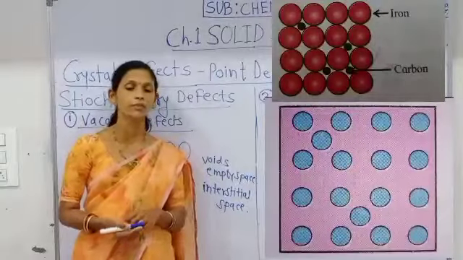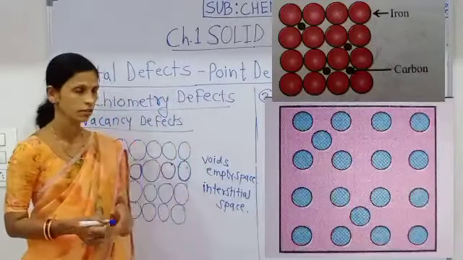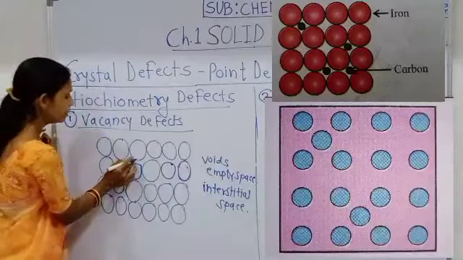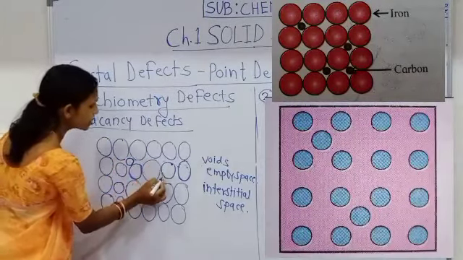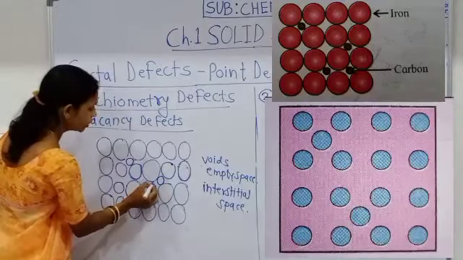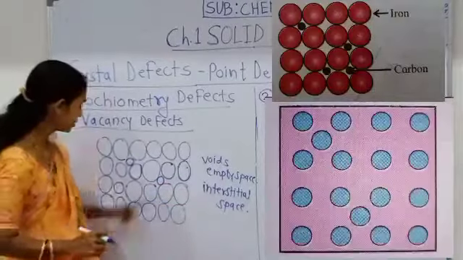In the first type, see here, a few extra particles occupy the interstitial space of the lattice points in the crystalline substance.